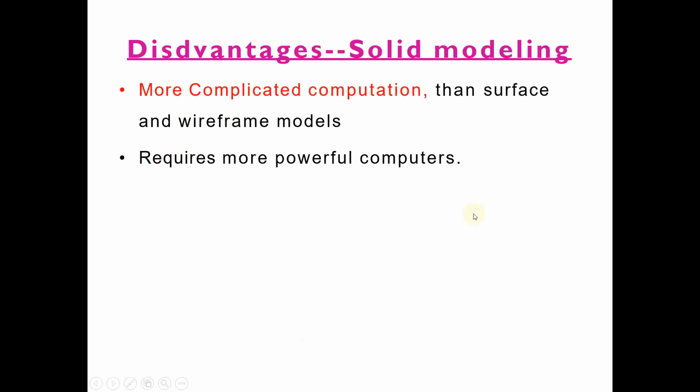But certain disadvantages are also there, because three-dimensional solid models are more complicated as far as computation is concerned. It takes a lot of RAM, a lot of memory, a lot of space for storing the files. So it requires more powerful computers.